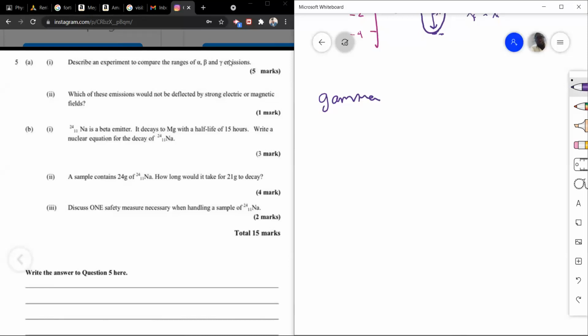So it has no charge. It's not being affected, it has no mass. It's really just high energy EM waves. And so magnetism or electricity just don't affect it. That's just the nature of it. There's nothing for it to affect.